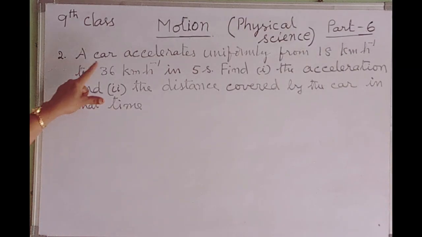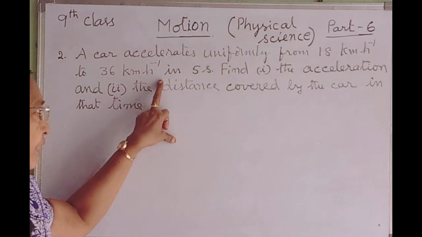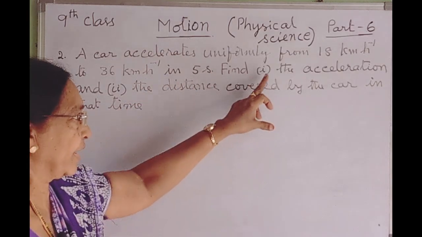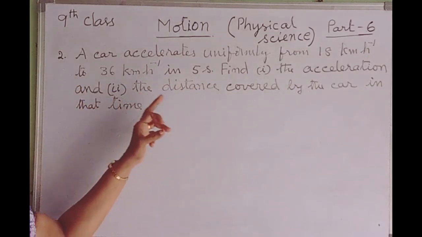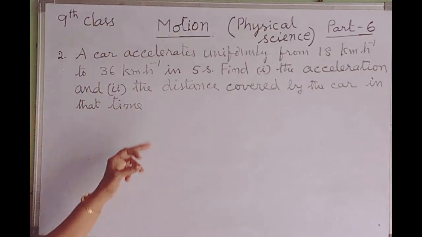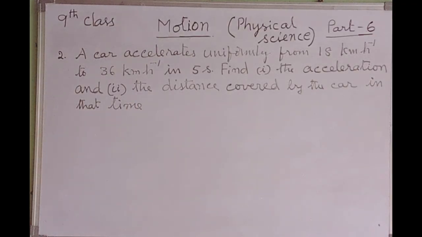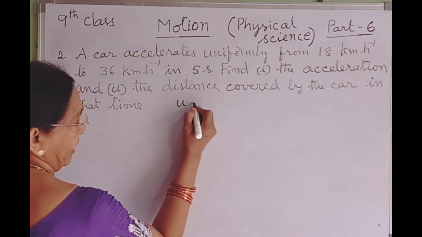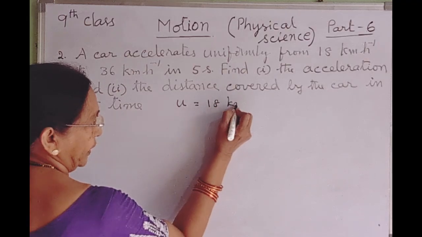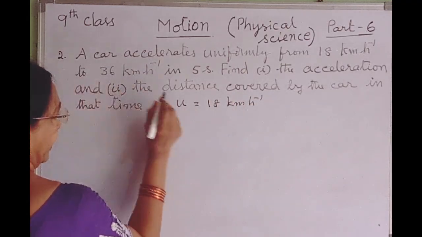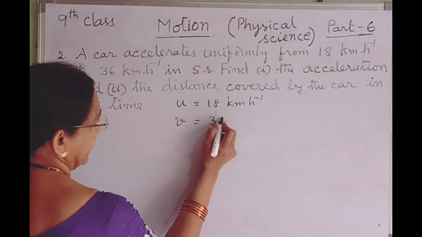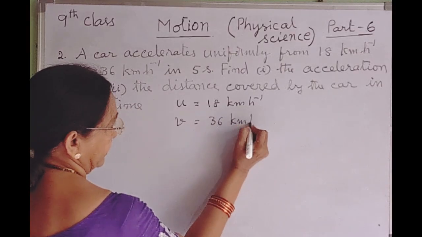Next, second problem. A car accelerates uniformly from 18 km per hour to 36 km per hour in 5 seconds. Find the acceleration and the distance covered by the car in that time. So the initial velocity is 18 km per hour and the final velocity is 36 km per hour.